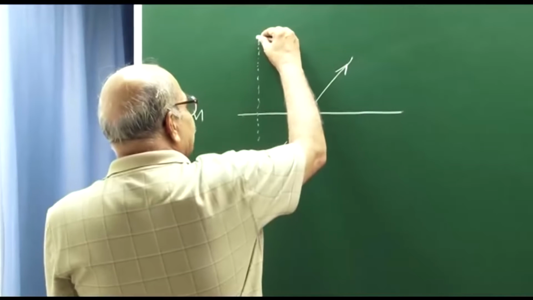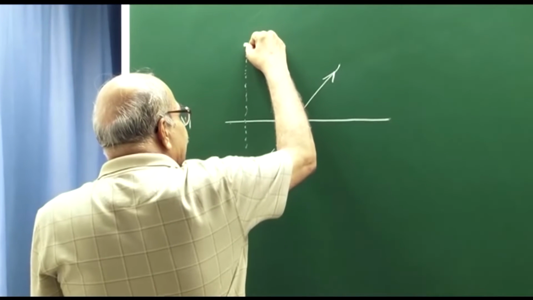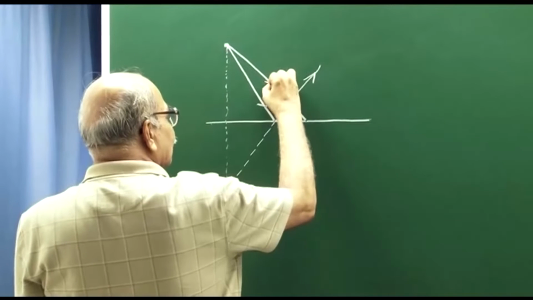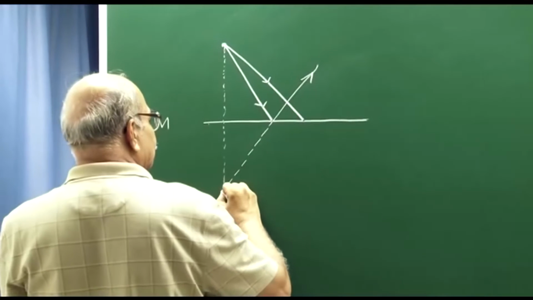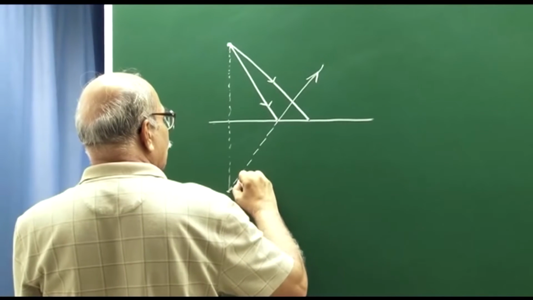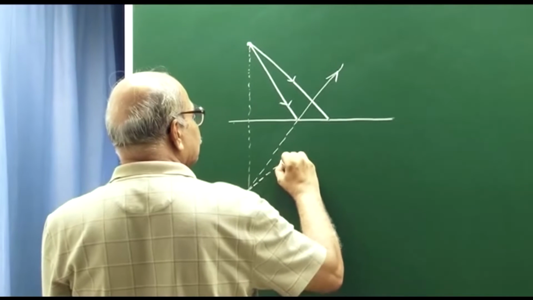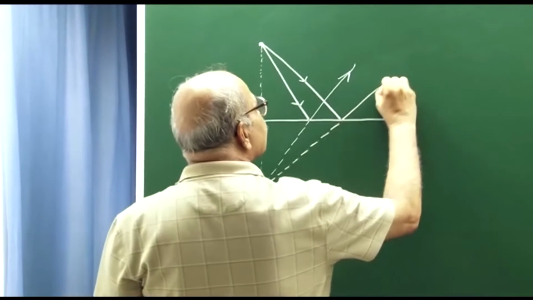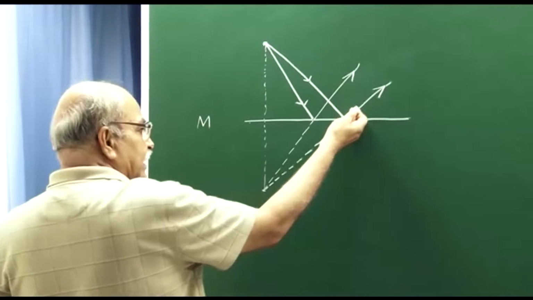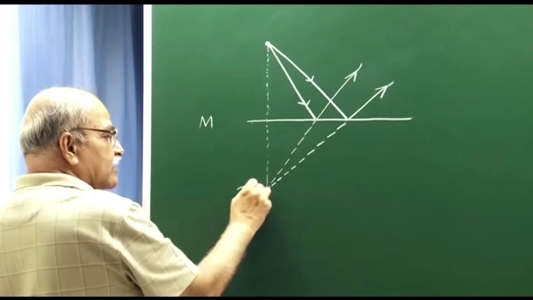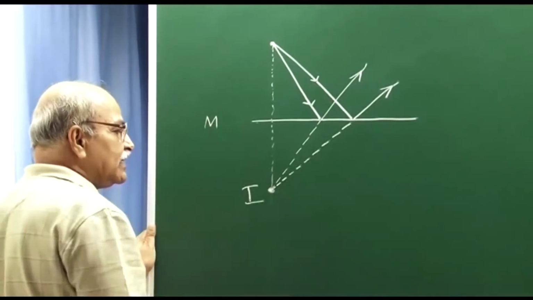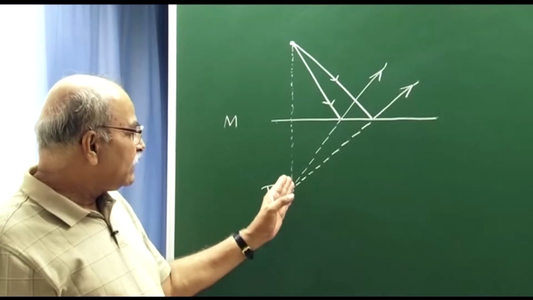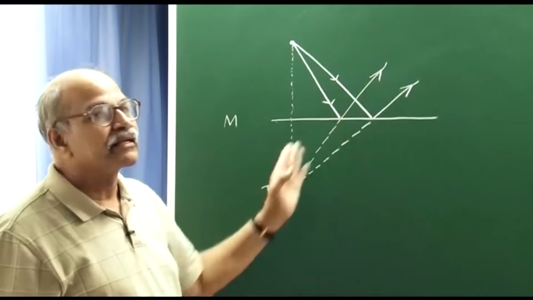For whatever reflected ray you take, suppose you have yet another incident light here, in which direction will it go after reflection? It will go in this direction, so that when you extend it on the other side, it passes through the same point I. I will call this I the point of intersection of reflected rays.